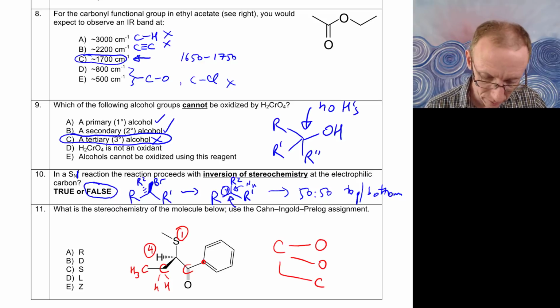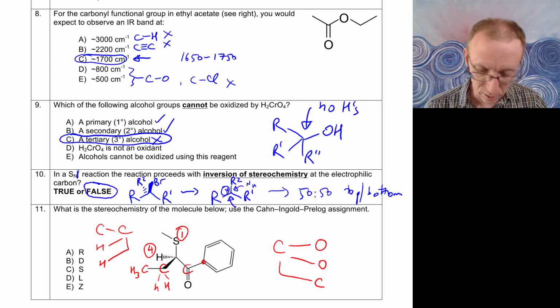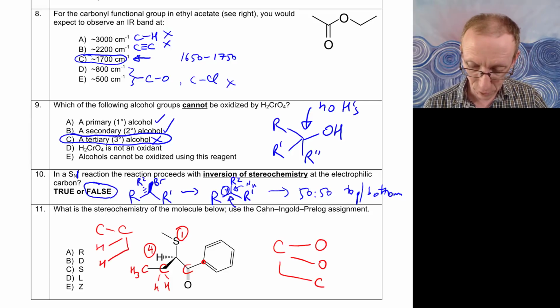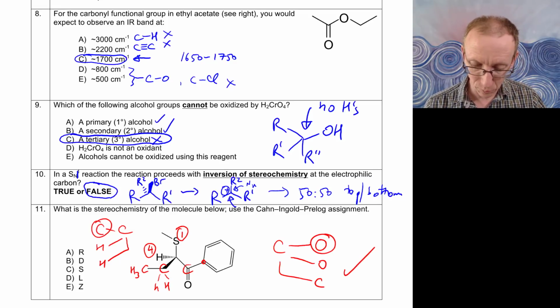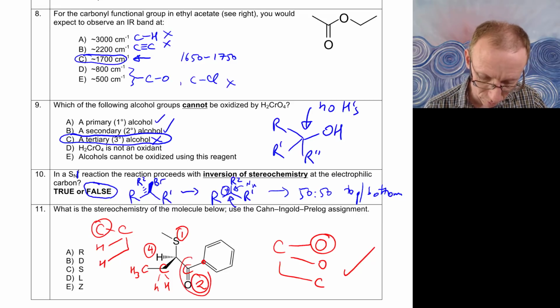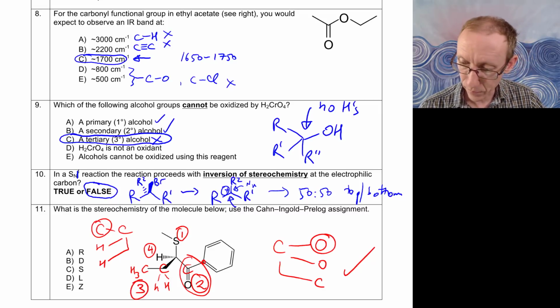So that carbon is going to go to a carbon, a hydrogen, and a hydrogen as its priority. We look at the first one here, oxygen versus carbon. So this whole side wins. So that whole group there is priority 2. And then this group over here is going to be priority 3.